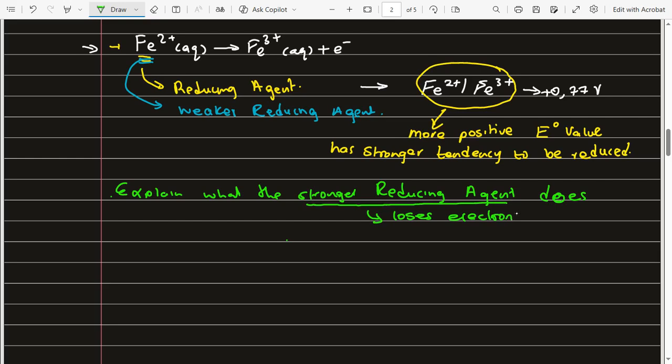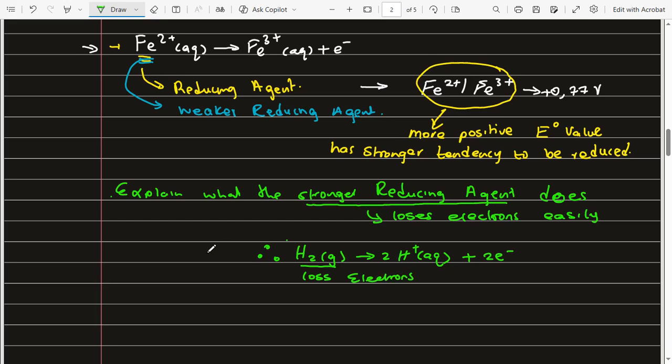Since it loses electrons easily, the hydrogen gas loses electrons.